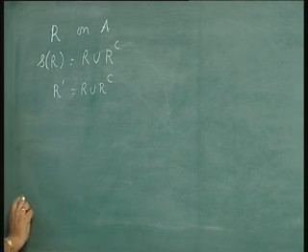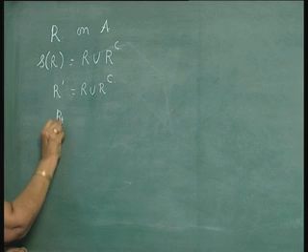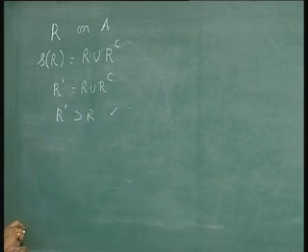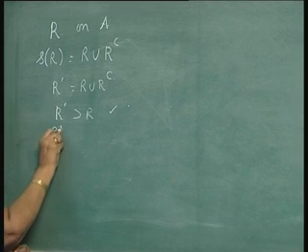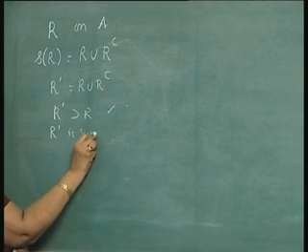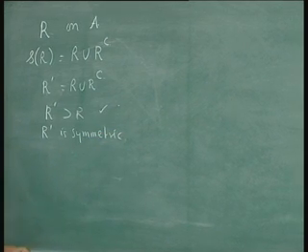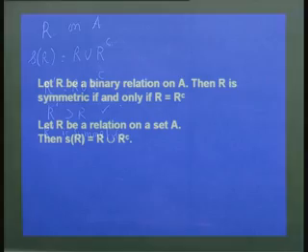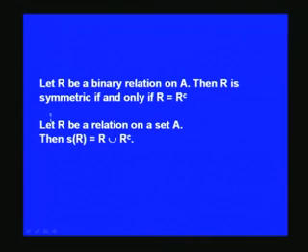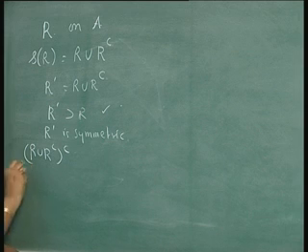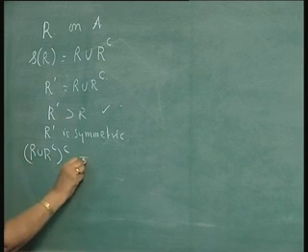Now, what are the properties of R dash? R dash contains R, this is the first property, that is true, and R dash is symmetric. Why? Because look at this result, R is symmetric if and only if R is equal to RC. Now, what can you say about the converse of R union RC, by the results which you have seen earlier?